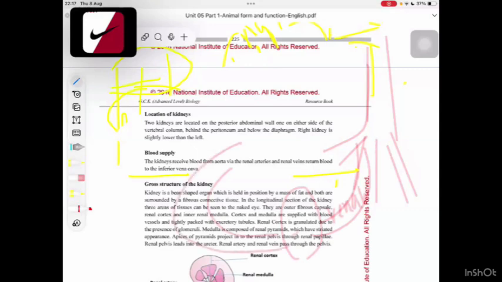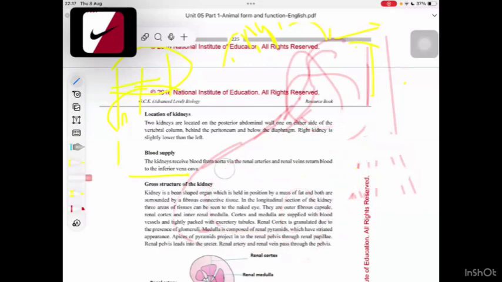The blood which contains carbon dioxide and so on gets transferred, not to the lungs, but to the heart using the inferior vena cava, where it is then transferred to the lungs to convert the bad substances into good substances to be pumped again. Okay. Gross structure of the kidney.